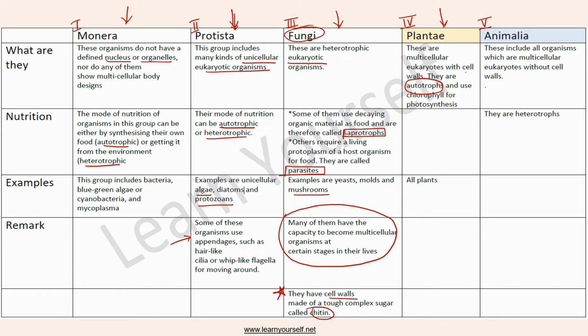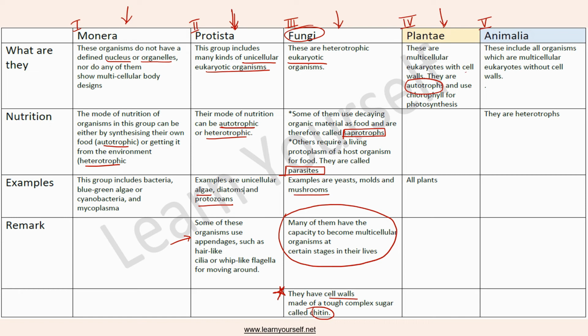Whereas in Plantae, they all are autotrophs. Plantae means all the plants belong to this kingdom. They all do photosynthesis and they synthesize their own food.